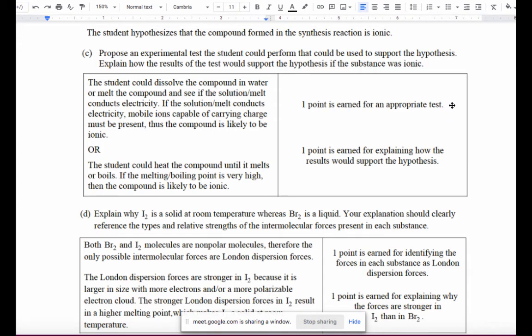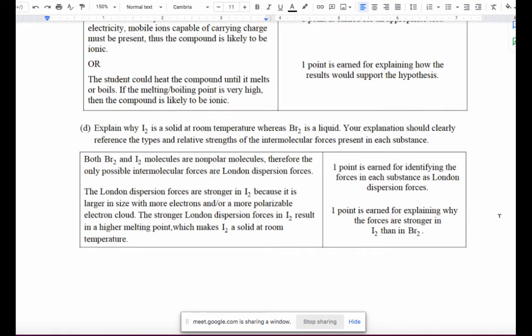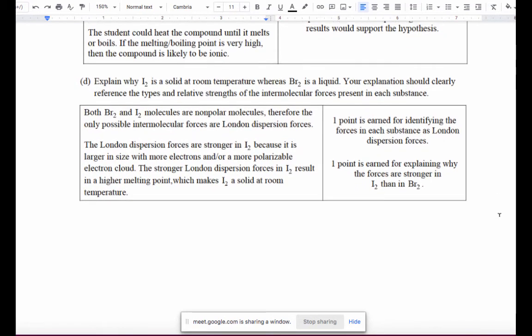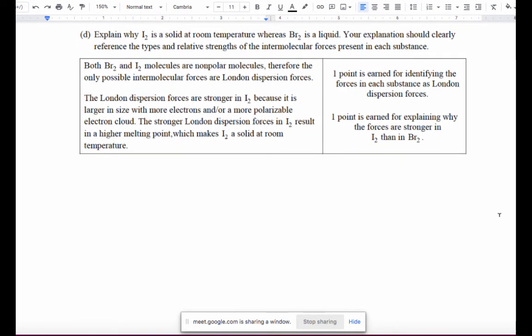1 for giving one of those tests, and then 1 point for saying how you could tell that it was ionic. And then part D, so this is going to intermolecular forces. This is why I said part C and D are probably the most important parts of this free response question. Explain why I2 is a solid at room temperature, whereas Br2 is a liquid.